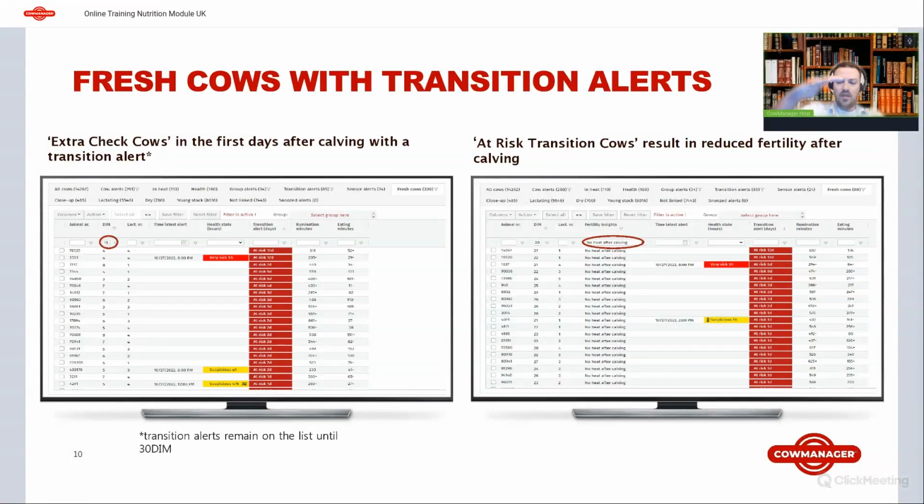And depending on the speed of the deterioration, it could result in a health alert afterwards as well, also in the dry period. But most of those, especially in those mildly lame cases with a not so fast deterioration, those will be transition alerts.